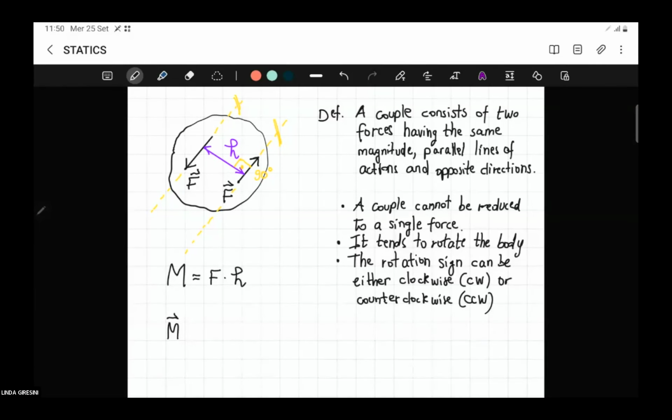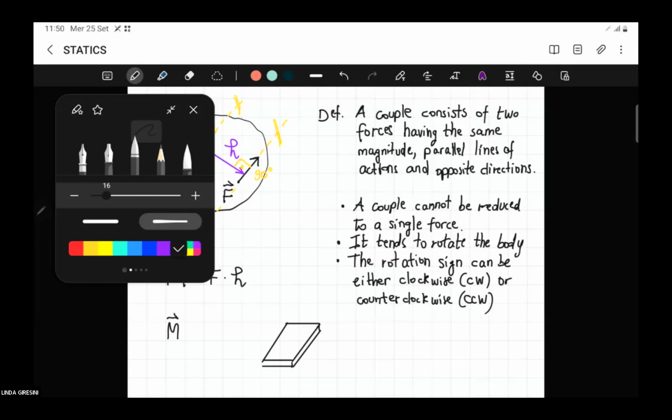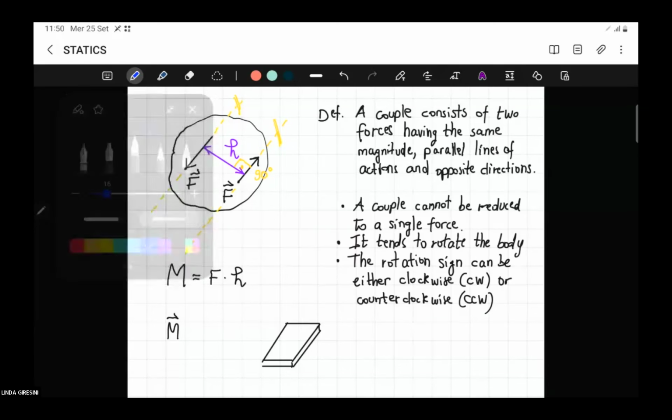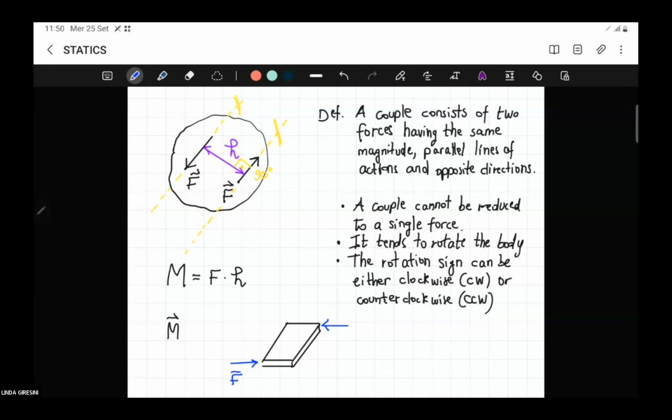In other words, if you have the rigid body, let's assume this is the rigid body, okay? And I apply the two forces, let's use one in this direction and the other one in this direction. They have the same magnitude, lines of action which are parallel, so it's a couple. These two forces generate a couple.